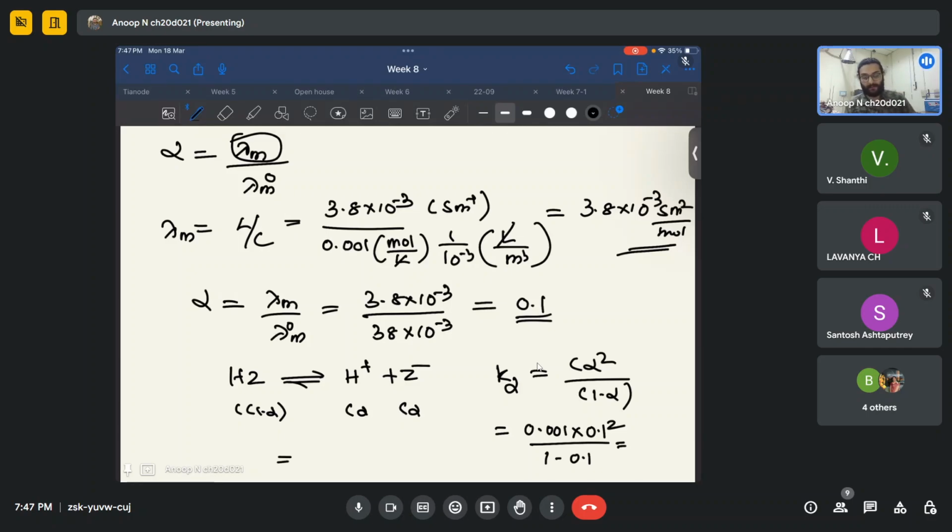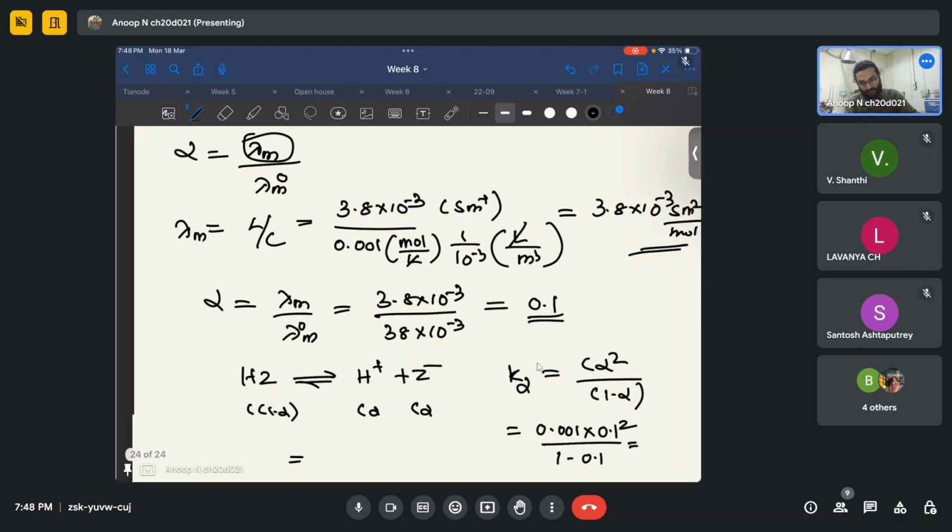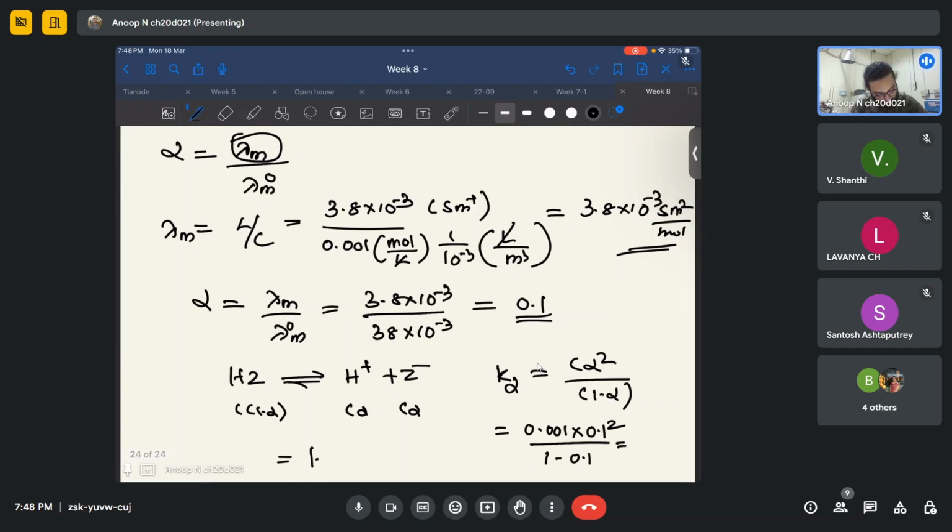What will be the value of K alpha? What is the answer? 1.11 into 10 raised to minus 5 molar.